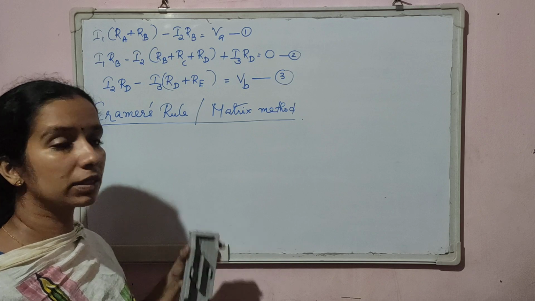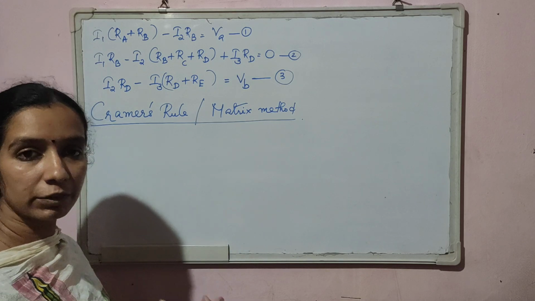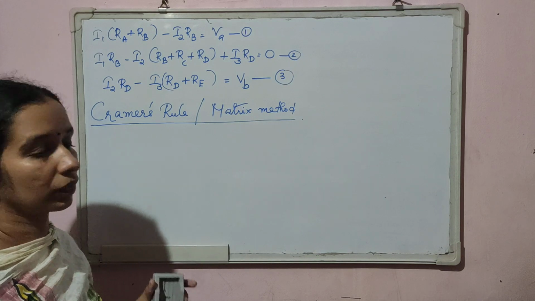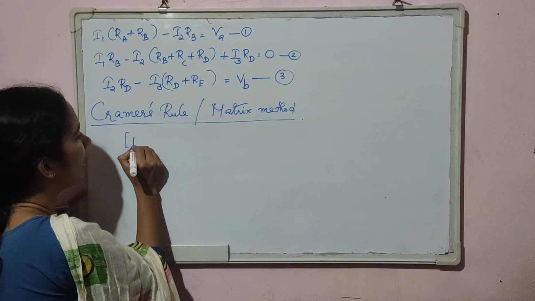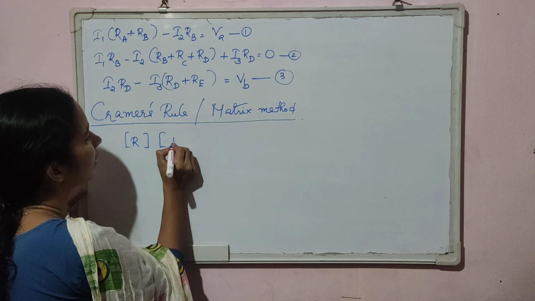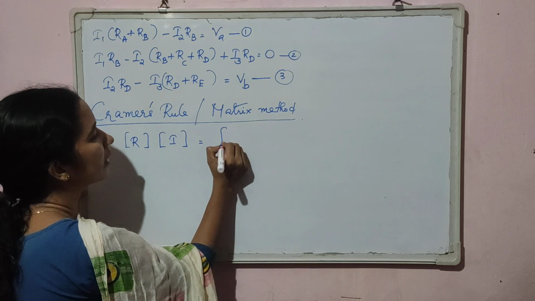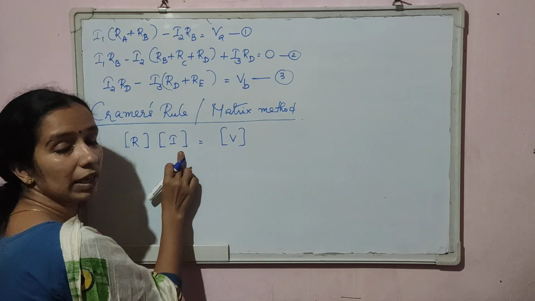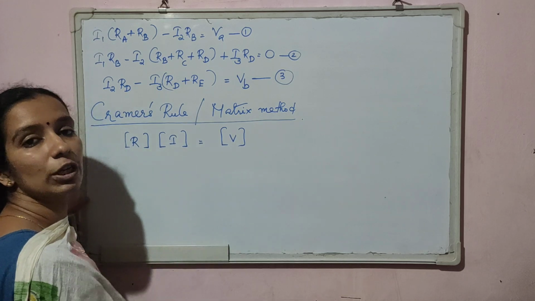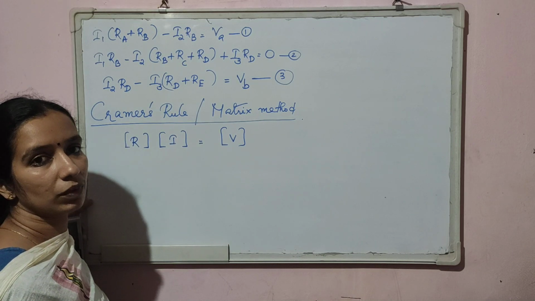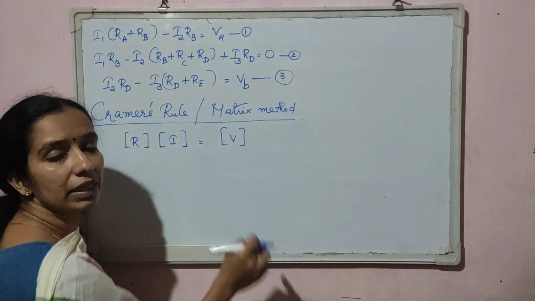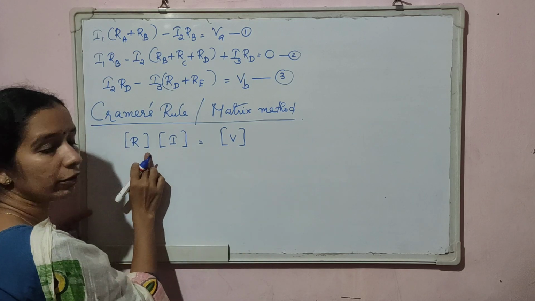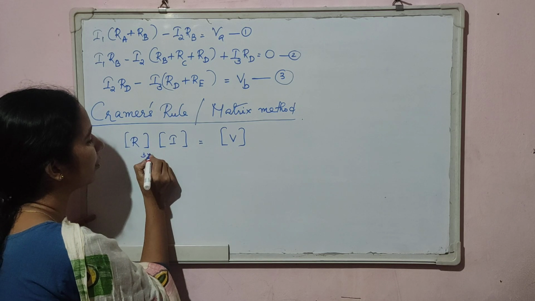So for solving these equations using Cramer's rule, first of all, represent these 3 equations in a matrix form, like matrix R into matrix I is equal to matrix V. That is, a resistance matrix into a current matrix is equal to a voltage matrix. So if there are 3 equations or 3 loops, then order of this resistance matrix will be 3 by 3.